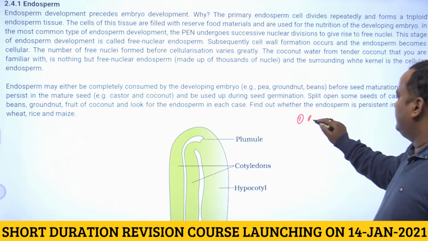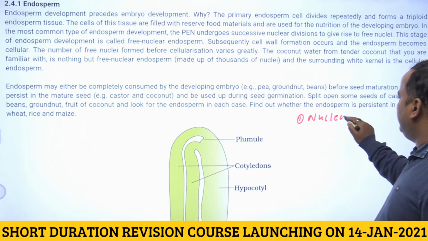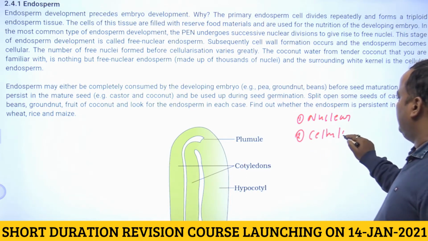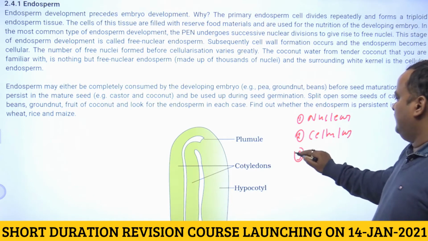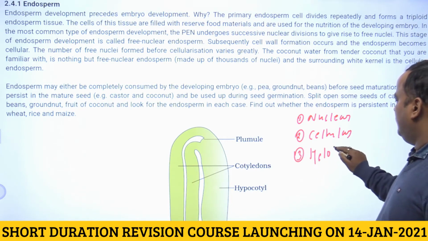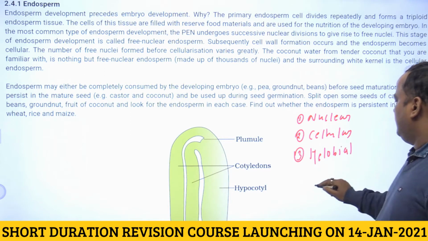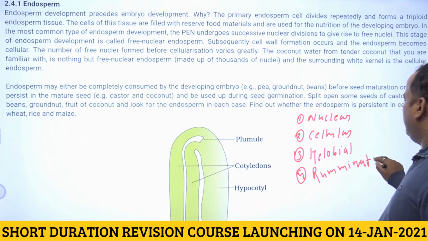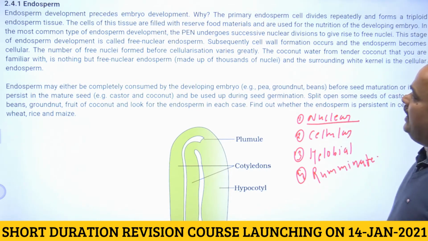One is nuclear endosperm, second is cellular endosperm, third is helobial, and fourth is ruminate endosperm.